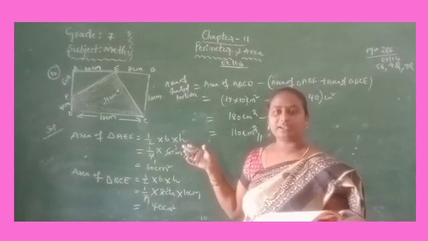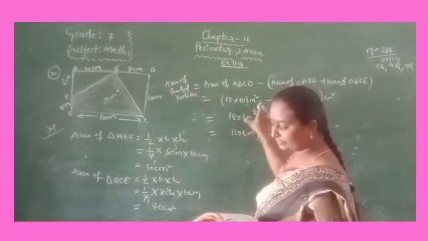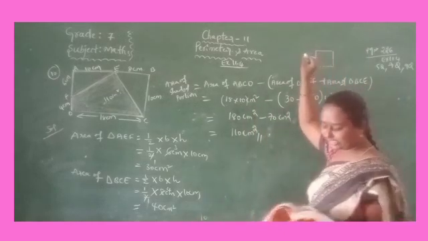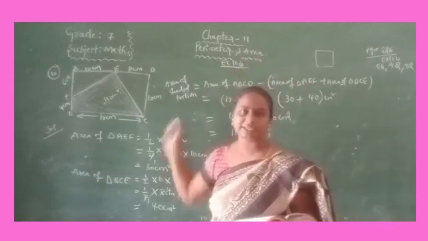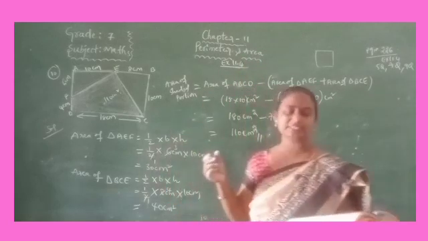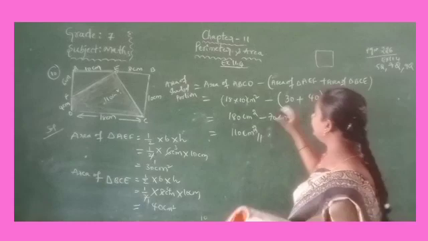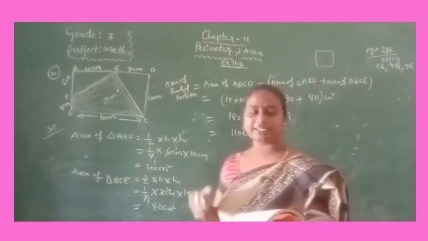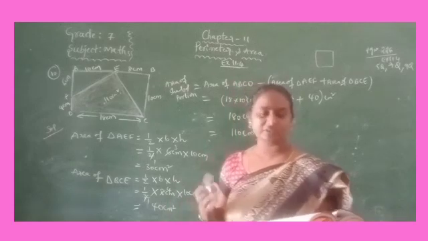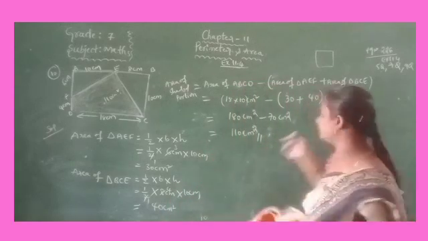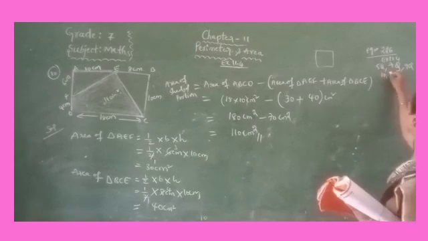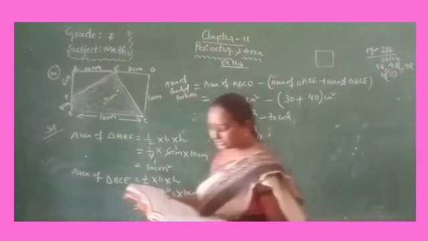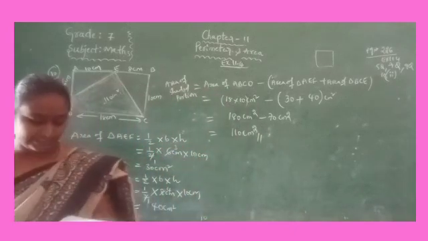After that, add all the triangles and subtract from the total. That part looks like a square, so square means side into side. That is the area of PQRS. From that you subtract the areas of triangle PQT, triangle SUT and triangle QRU. Then only you can know the shaded portion. This one I am giving to you as homework, the 10th one, second question. Solve. Okay, right.